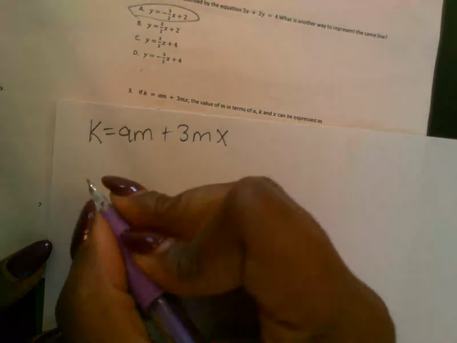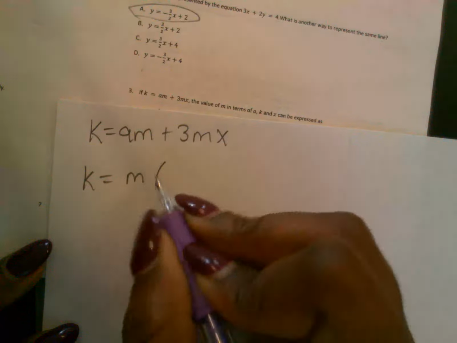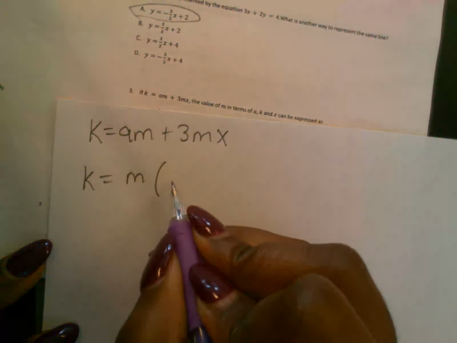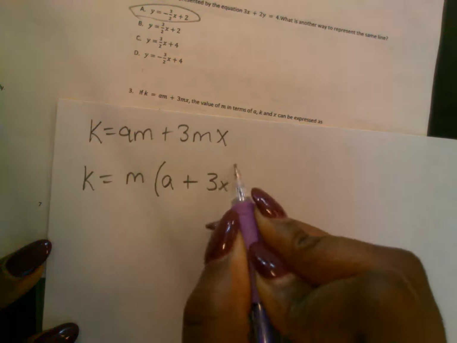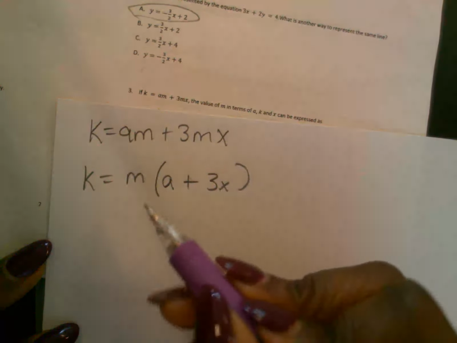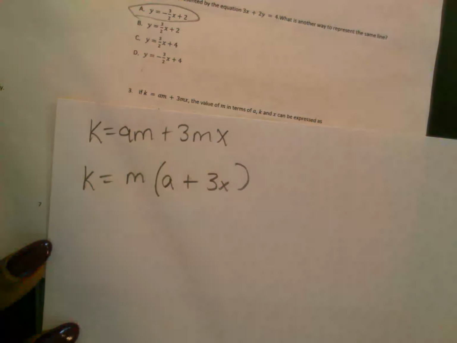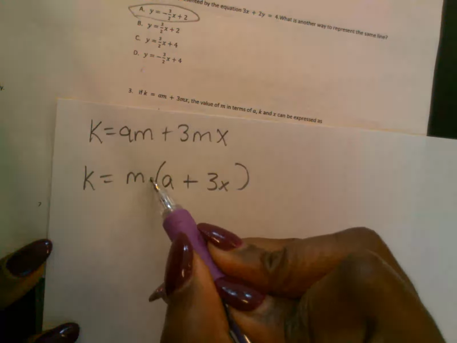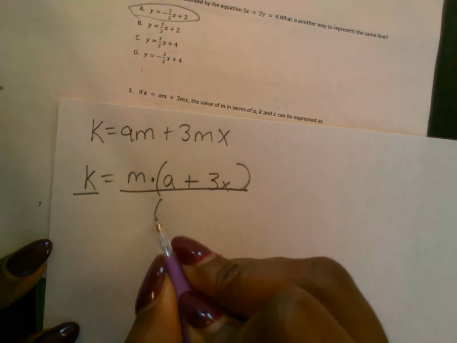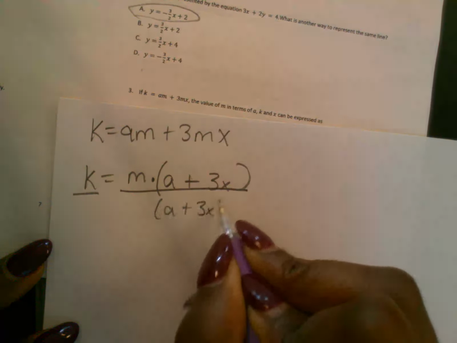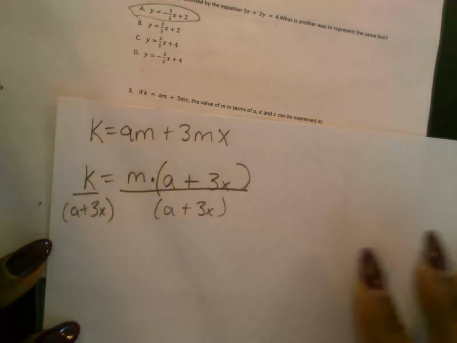So take out an m, do the reverse of distributive property and take an m out. So when you take this m out, what you're left with is this a plus 3x. That's what you're left with. See, I'm doing the reverse of distributive property. They both have an m in common, so take it out. So now it makes it so much easier. This is multiplication. So to get rid of this, divide both sides by that. a plus 3x, a plus 3x, okay?